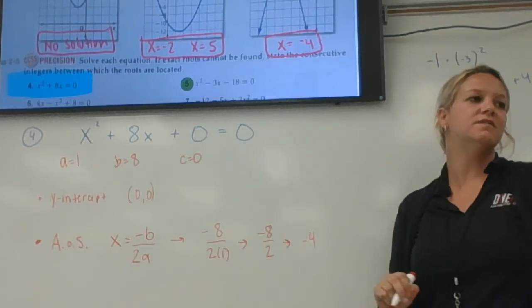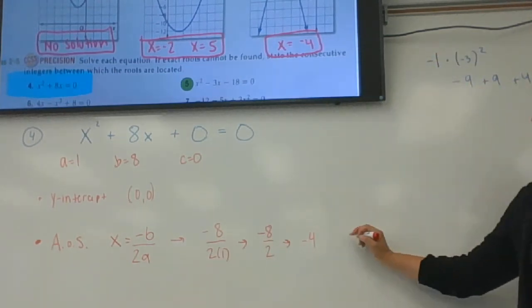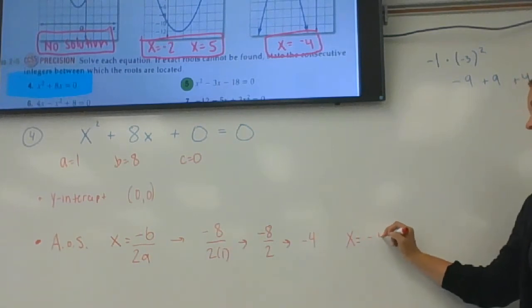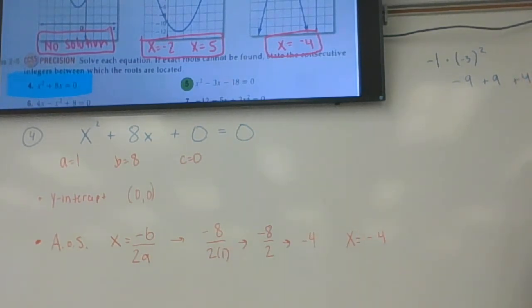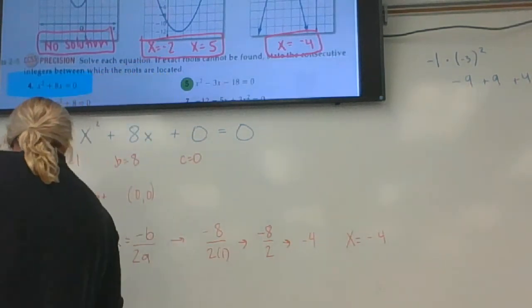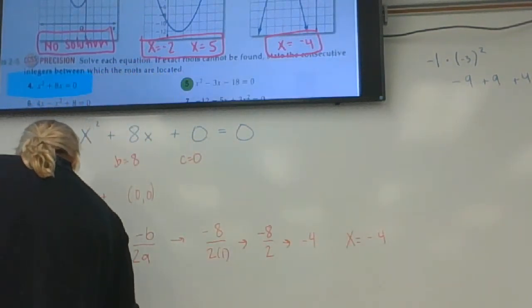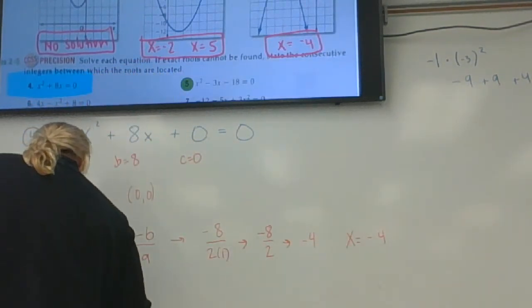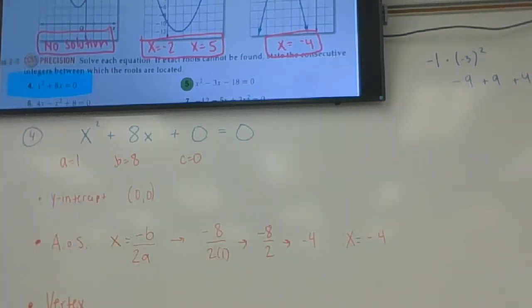Do you have to memorize, Paxton? No. Do you know what to do after you find the axis of symmetry? After you find x? Vertex. Jump to the vertex. Great.